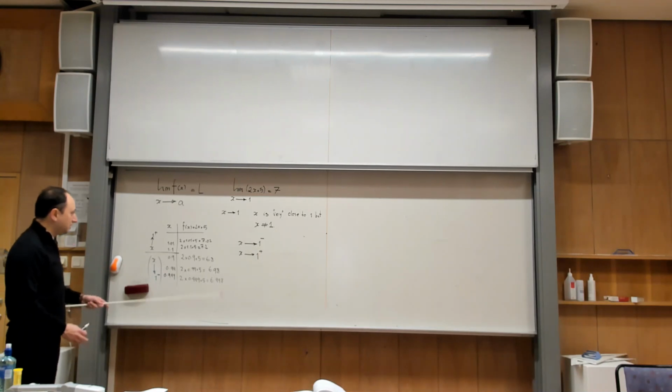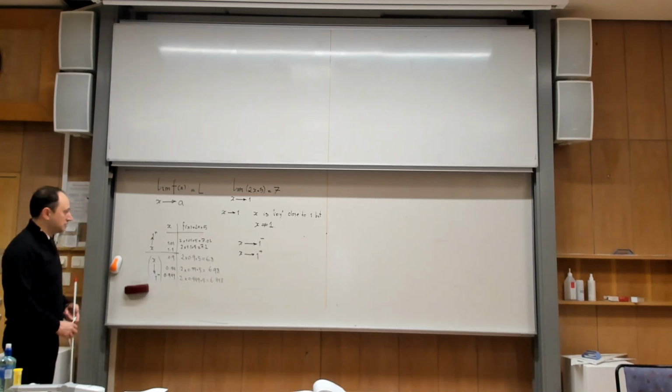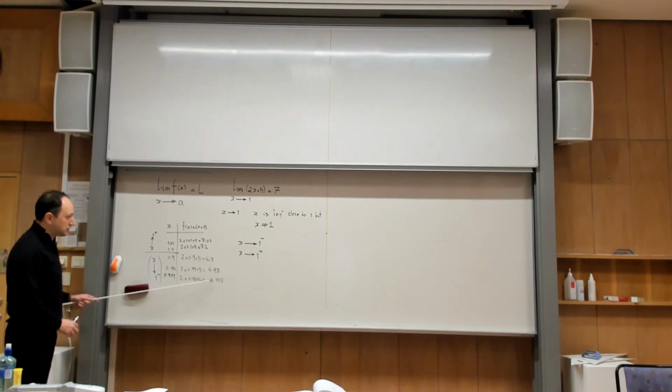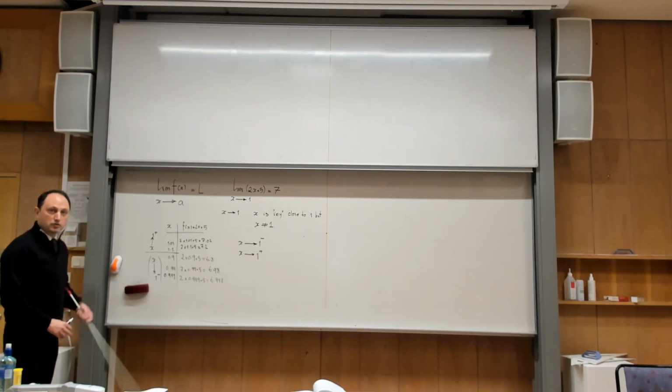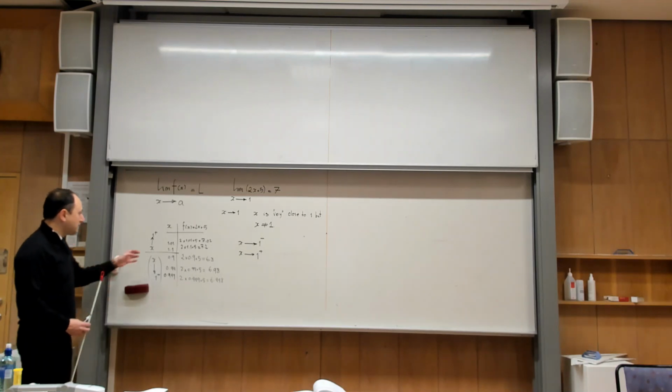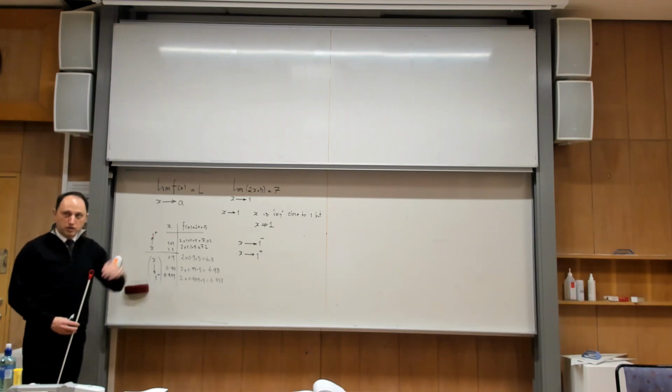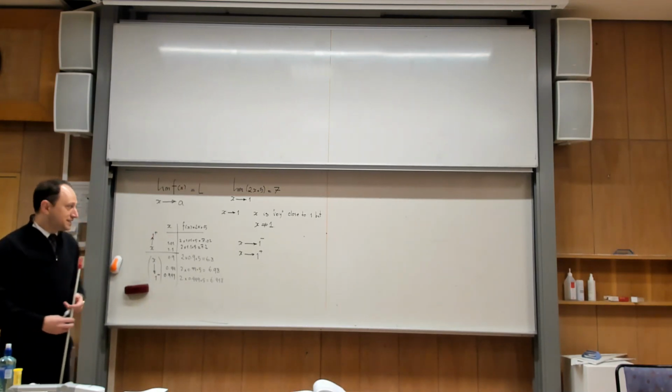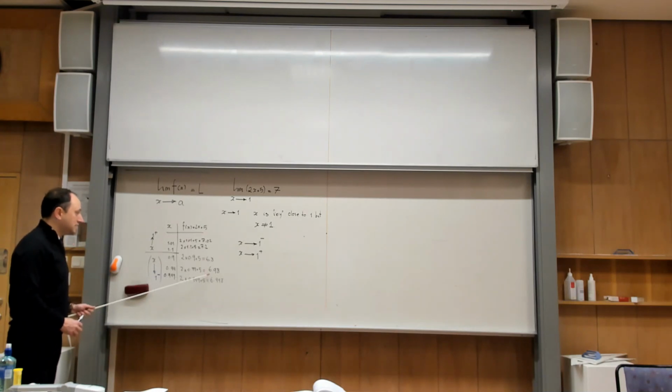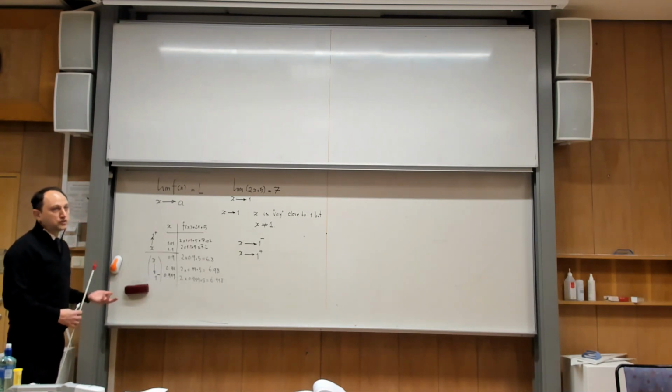By intuition, this number is getting closer and closer to which number? 7, the whole number. And this number is also getting closer and closer to 7. So it doesn't matter in which direction I am approaching 1. In both cases, the values of the function are getting closer and closer to 7.